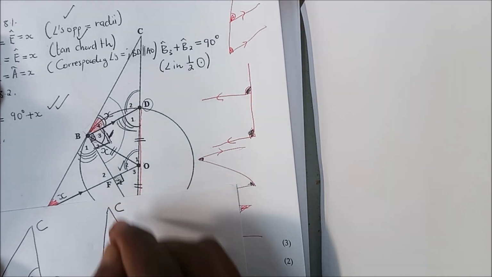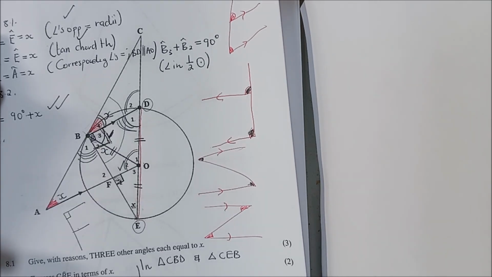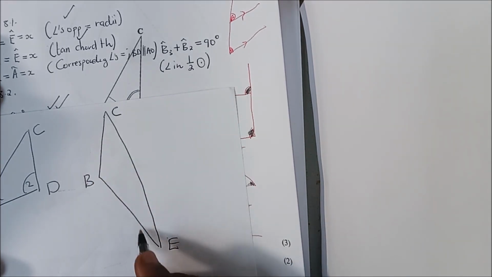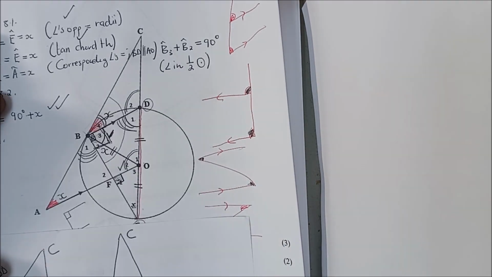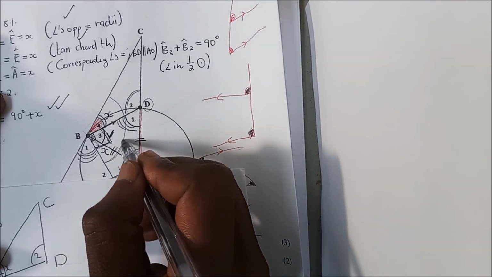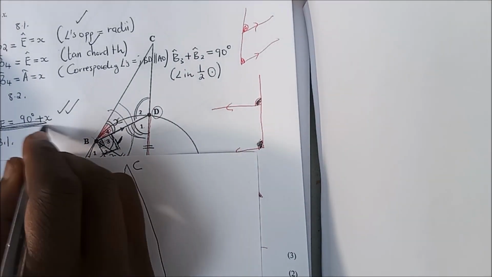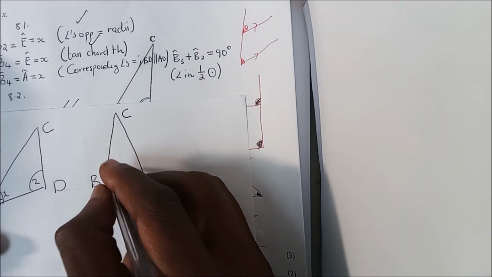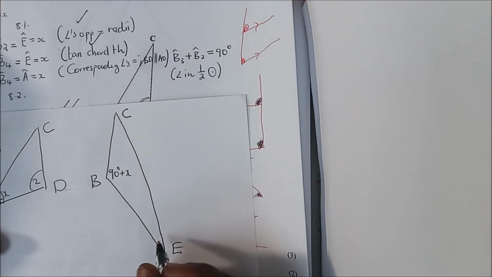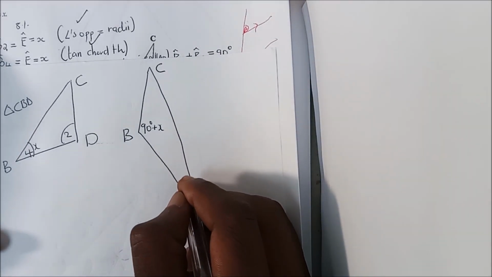So this is C, and then this is E, and then that's B. So now if you check with this one, which B are they talking about? They're talking about this whole B. Can you see that it's highlighted? We found it in the previous question that it is 90 plus X. So that means we have 90 degrees plus X there. So now what is E? With E, we know the value of E, it's X.